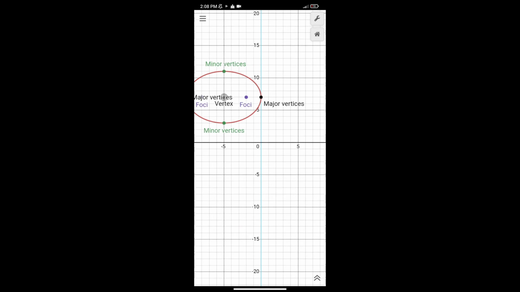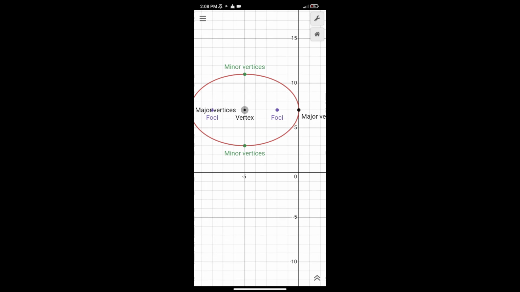There we have it! We now have the graph of our ellipse.